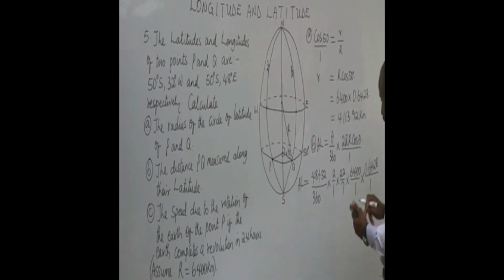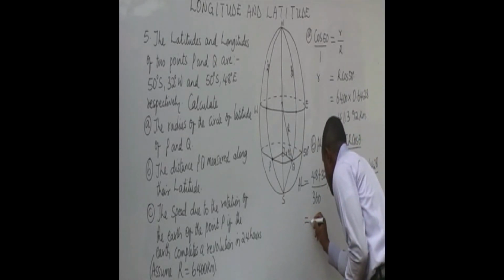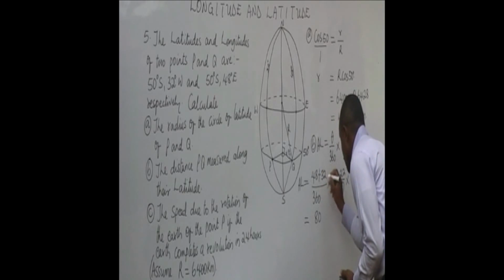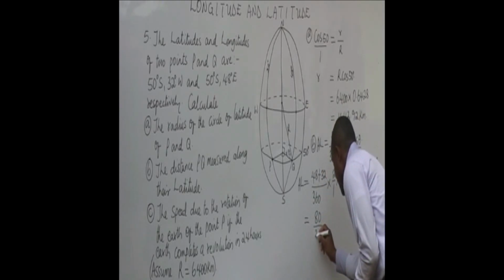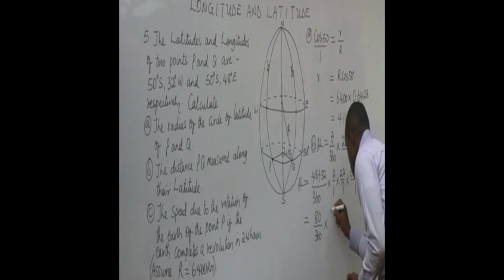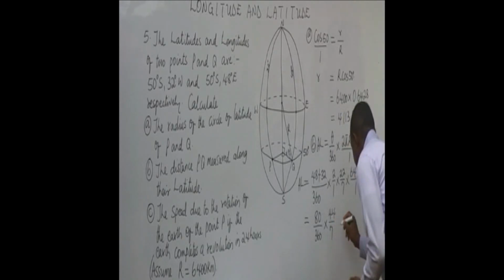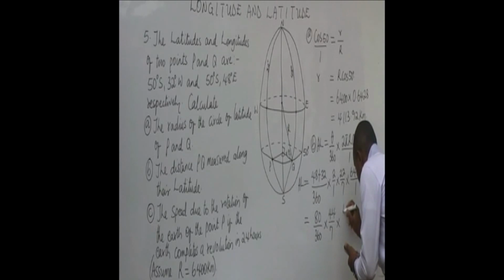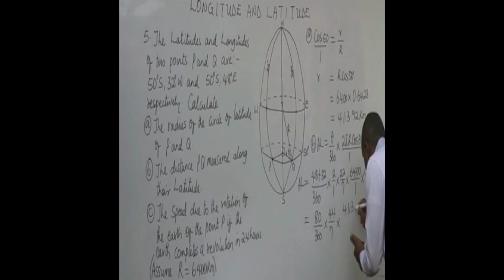So what we have here now is 80, 48 plus 32, divided by 360, times 2 times 22, which is 44, divided by 7, times, let's multiply this and this, it's giving me 4,113.92 all over 1.